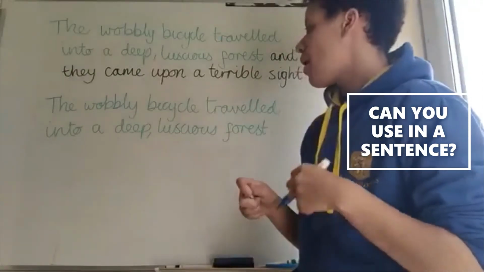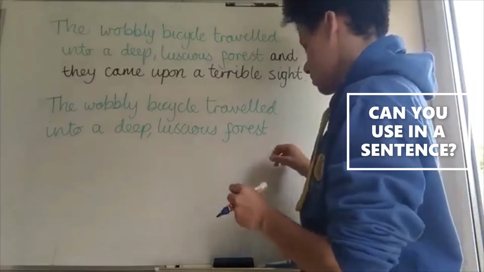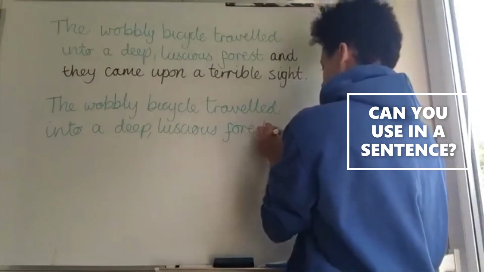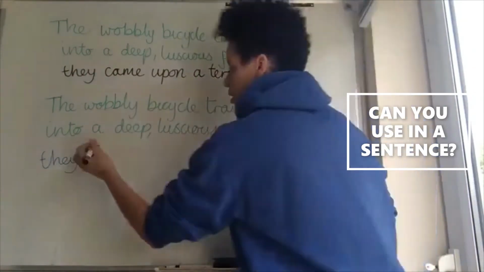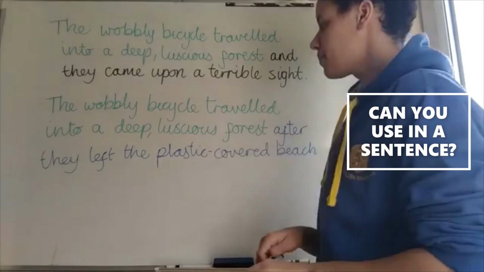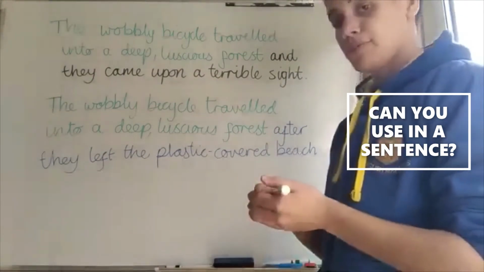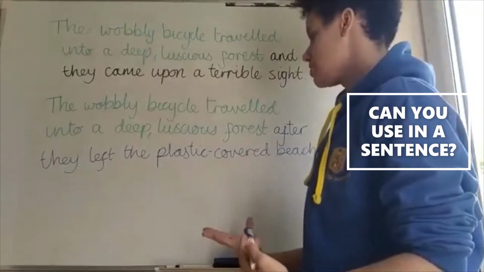So I might think about when they did it. I'm going to take away my full stop. And I'm going to use, there we go, "after they left the plastic covered beach." So I've given you a bit more information about them travelling into the forest.